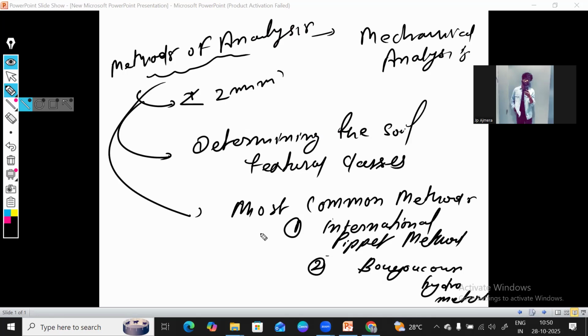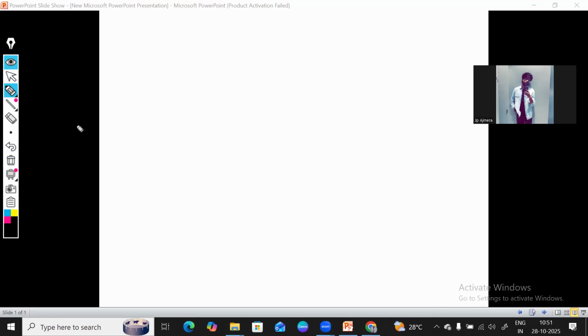These two methods are very famous and most commonly used for determining soil texture.